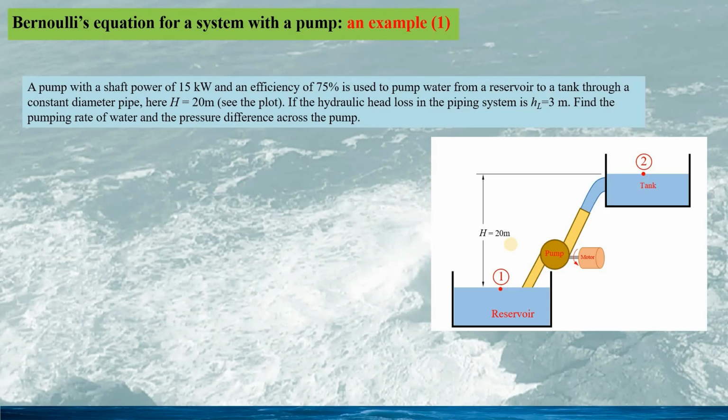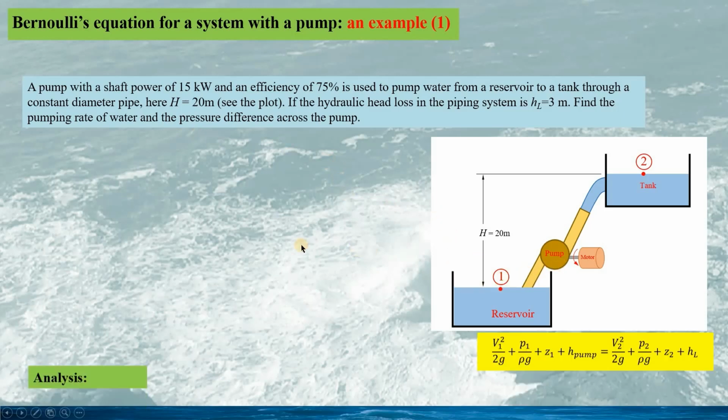If the hydraulic head loss in the piping system is 3 meters, the question is to find the pumping flow rate of water and the pressure difference across the pump.